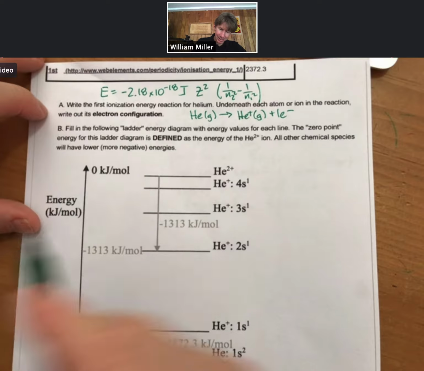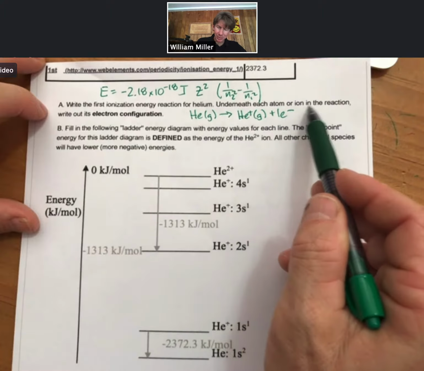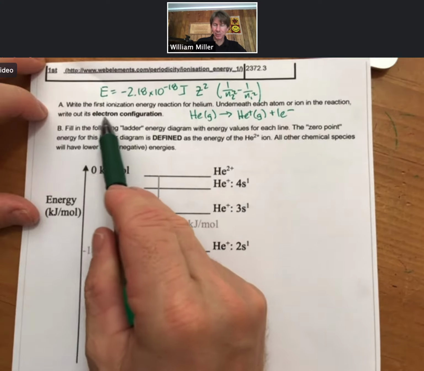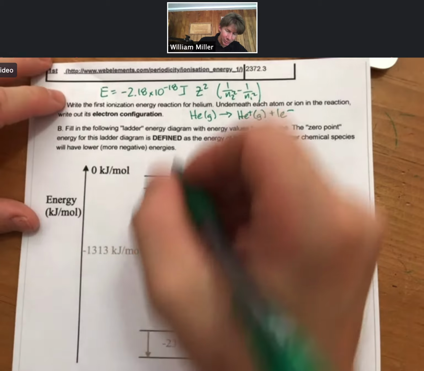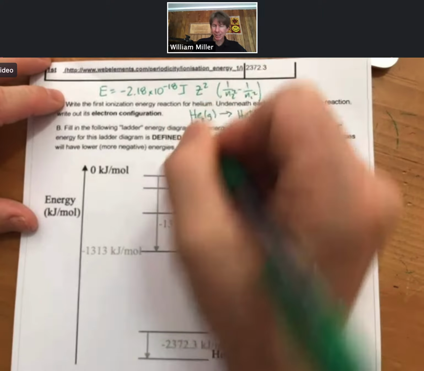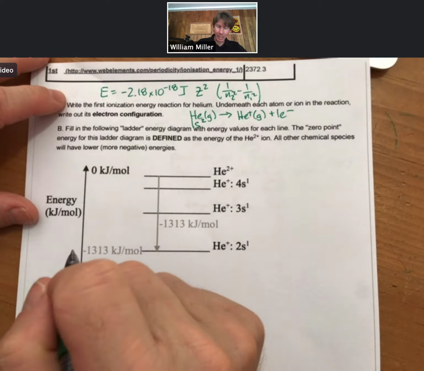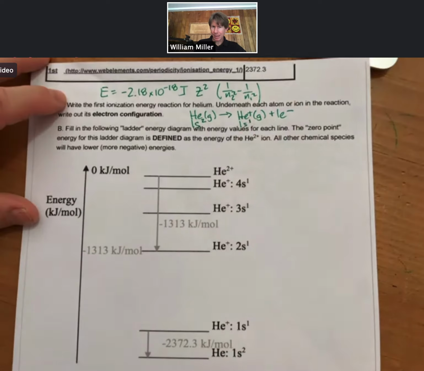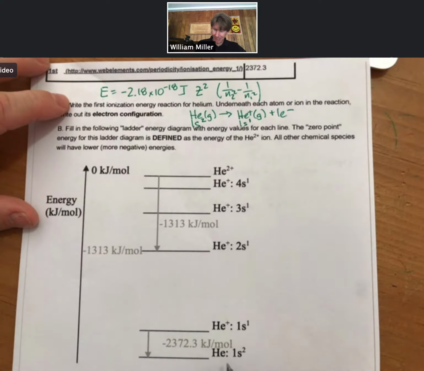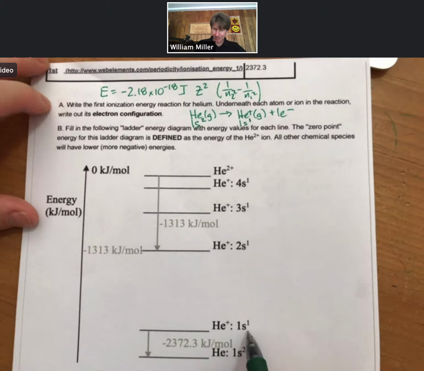And then it says, underneath each atom or ion in the reaction, write out its electron configuration. Well, the electron configuration for helium is just 1s2. If you take one of those electrons away, here we have 1s1. And you can see that down here, we have helium 1s2 and helium 1s1.